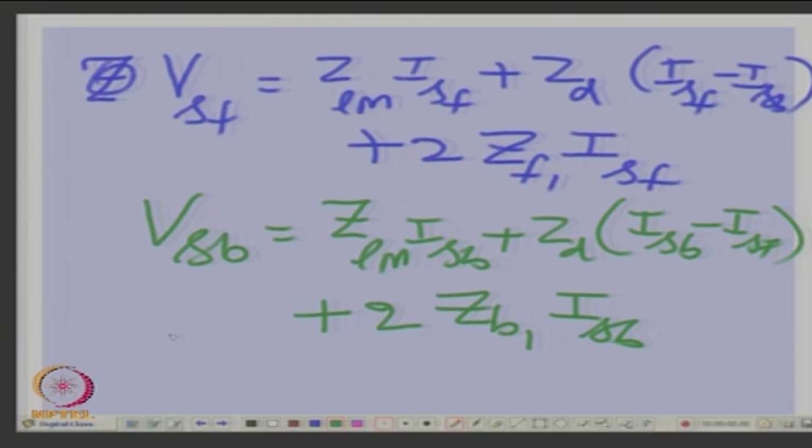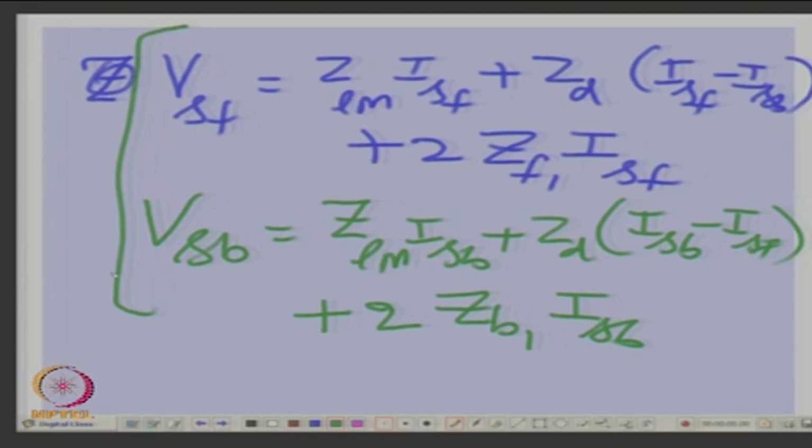Now, from these two equations, what can you get? You have two equations and two unknowns, isn't it?